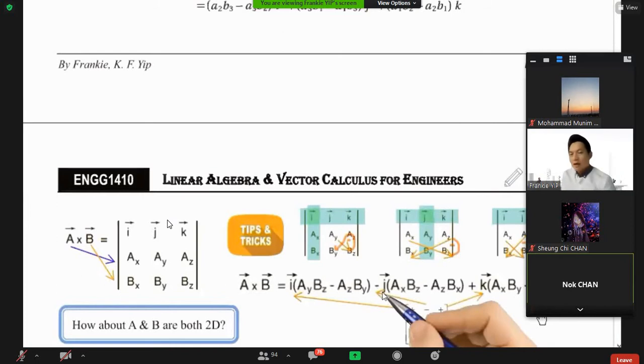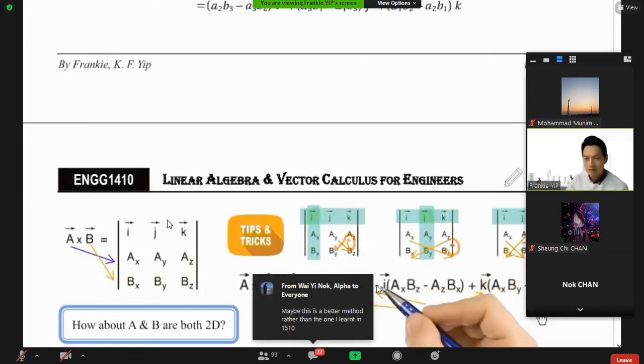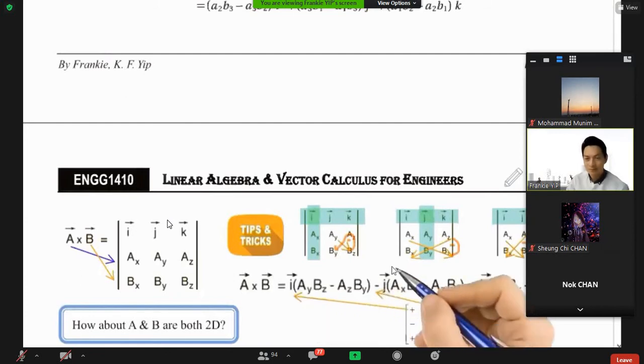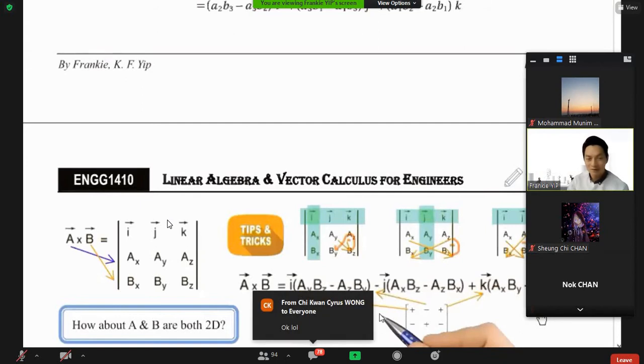So how can I use some tricks to help you remember? It's not quite good, I think, but I would like to share it. Before, I used a method with this sign, which I call negative. In Chinese, it is the character for negative, like father.